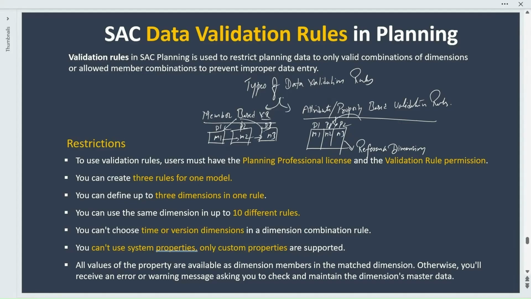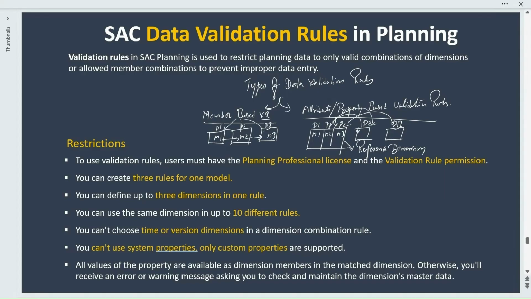For this particular property, we'll link or assign it to a dimension. So this is D1, this is dimension 2, and we should have one more dimension, that is D3. Property 2 will be linked to D3, and P1 will be linked to P2.